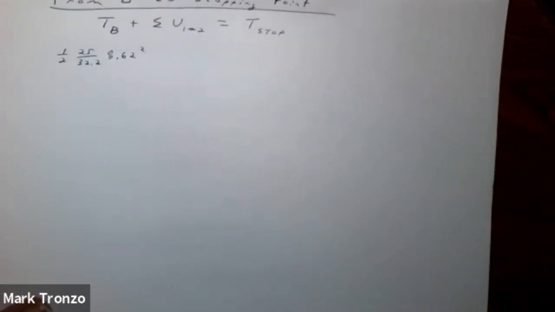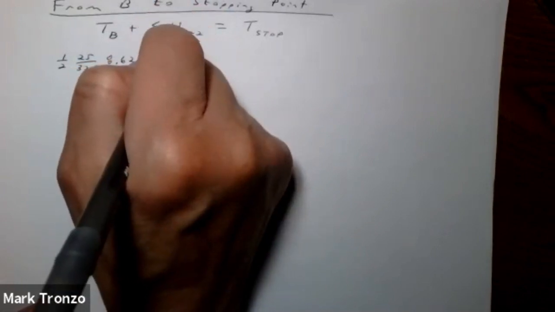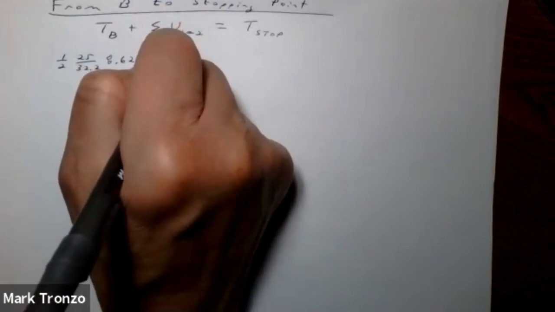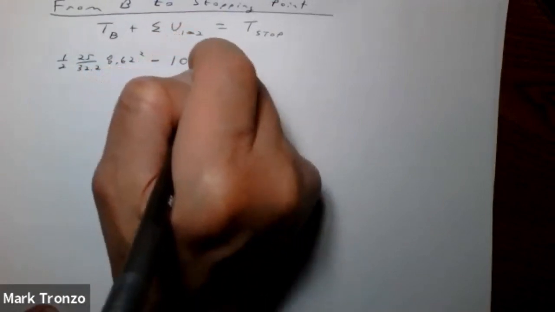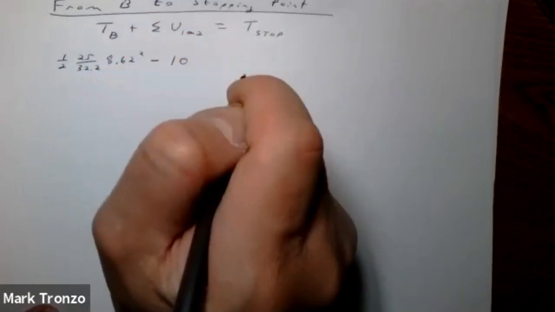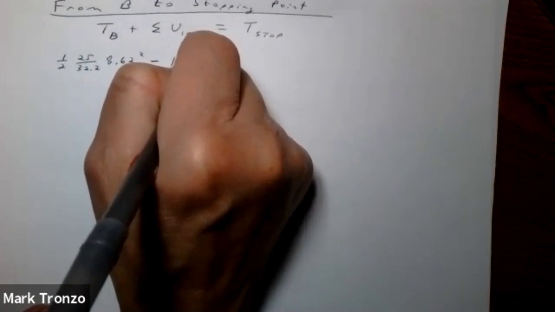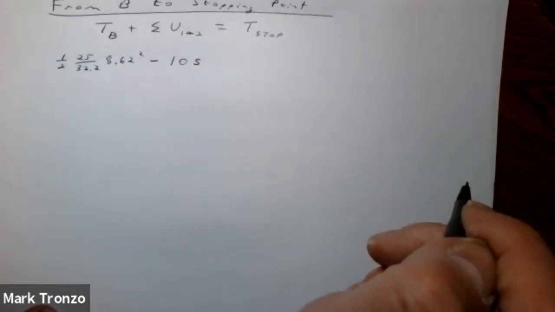Remember, I don't know if I made it clear last week, friction's always going to be negative. So there's going to be that negative friction force, which is going to be 10 times the distance. Now, we don't know what the distance S is yet, so I'll just put that down as S.